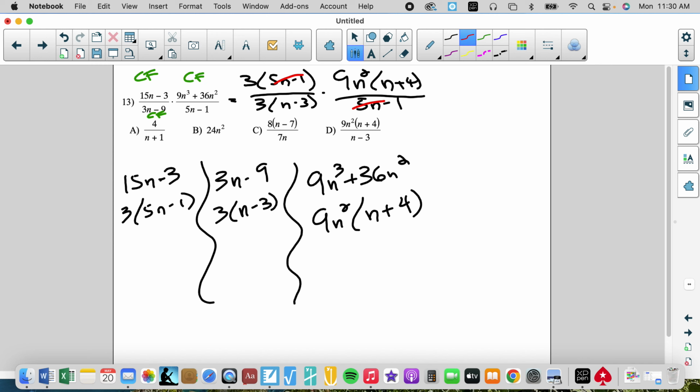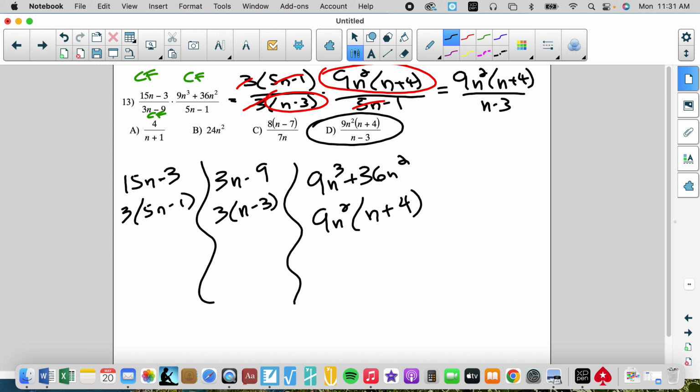The 3 and the 3 cancel. That's it. So we're left with 9n squared times the quantity n plus 4 over n minus 3. And that's going to be D.